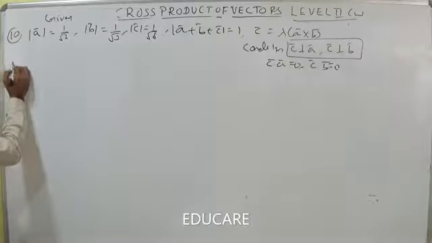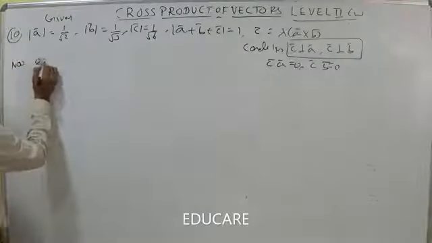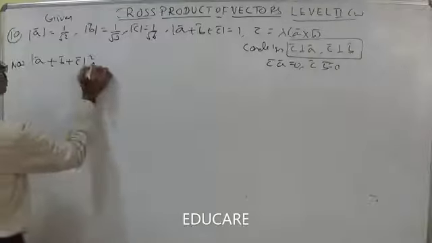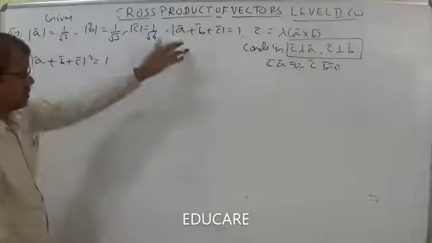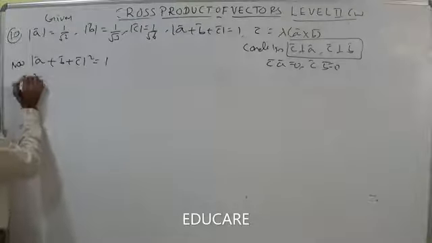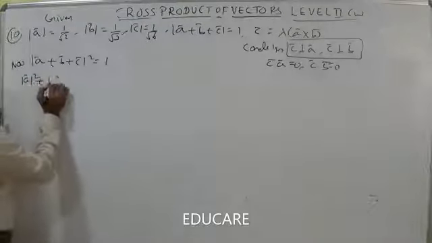Now let us consider A bar plus B bar plus C bar whole square is equal to 1, because here the square I have taken. Now you write the formula: modulus of A square plus modulus of B square plus modulus of C square plus 2 into A bar dot B bar plus 2 into B bar dot C bar plus 2 into C bar dot A bar equal to 1.